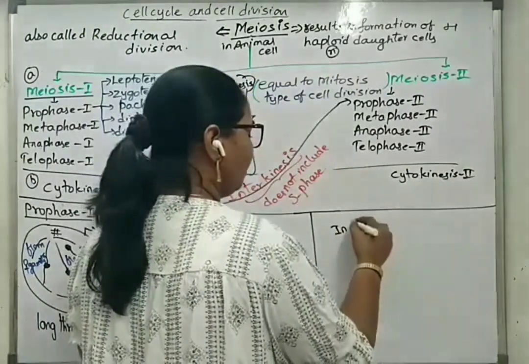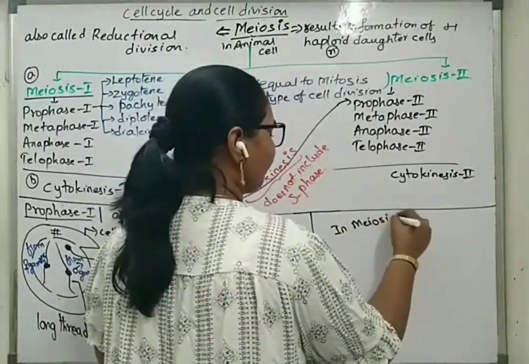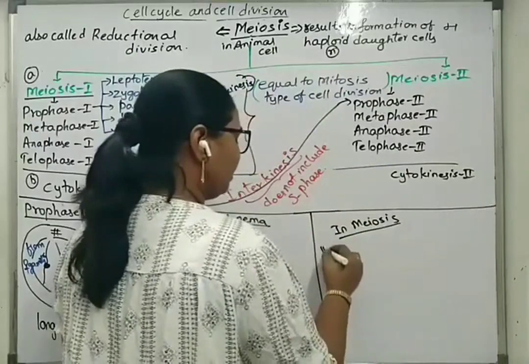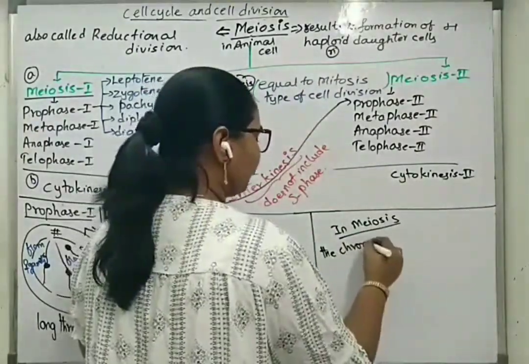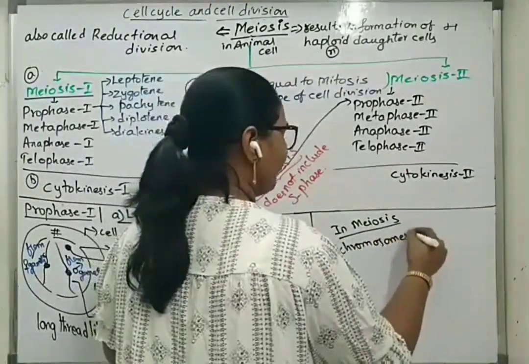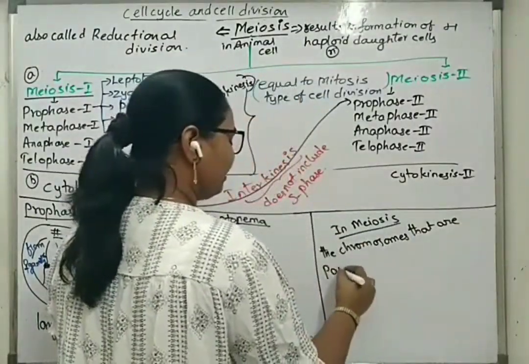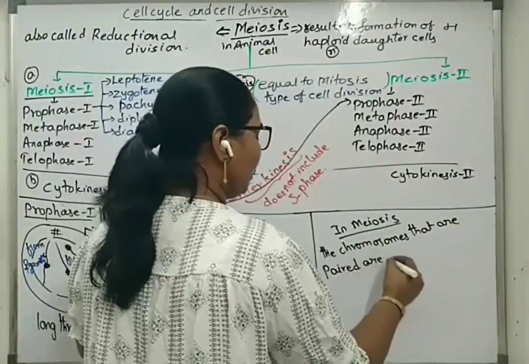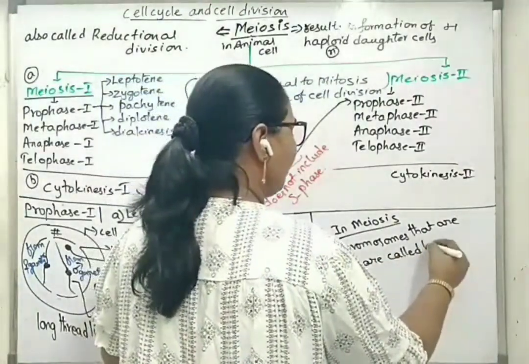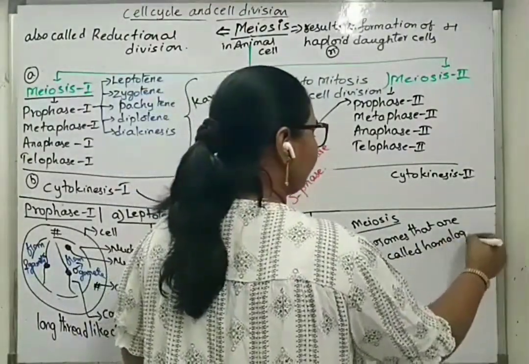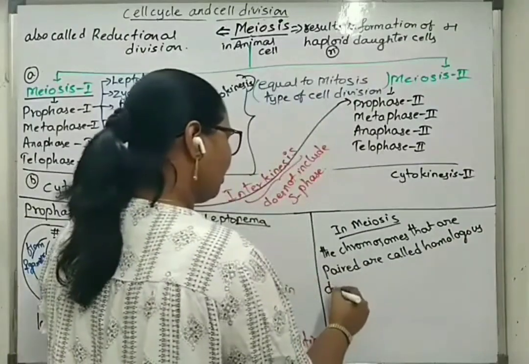In meiosis, the chromosomes that are paired are called homologous chromosomes.